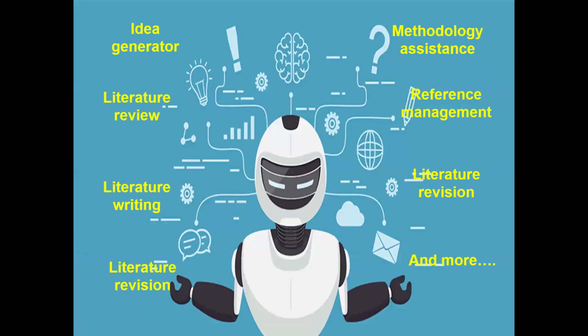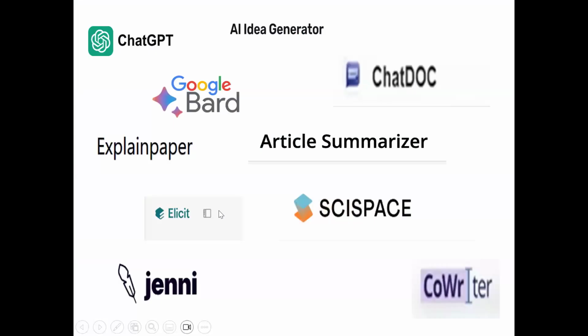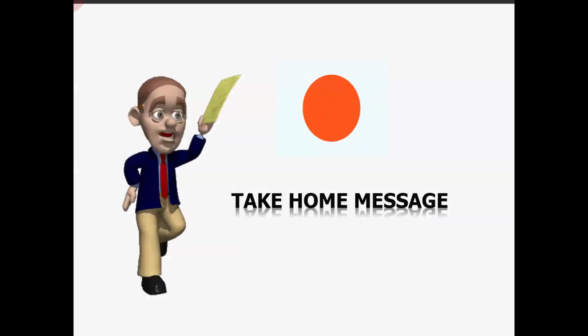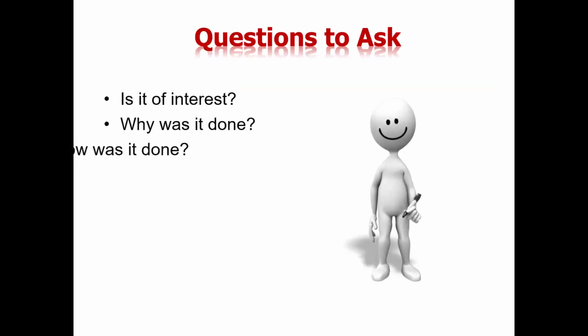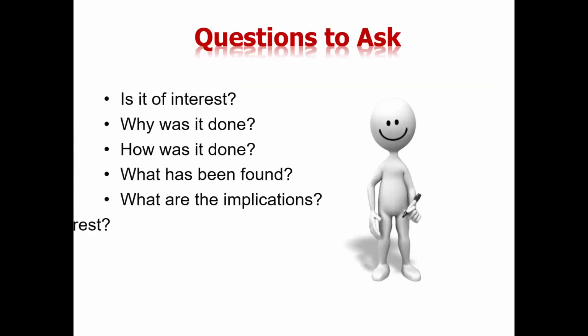And we know also that we can have the help of artificial intelligence in idea generation, in literature review, in methodology assistance, in literature writing, in every part of the research, and we have many tools for helping us in doing that.